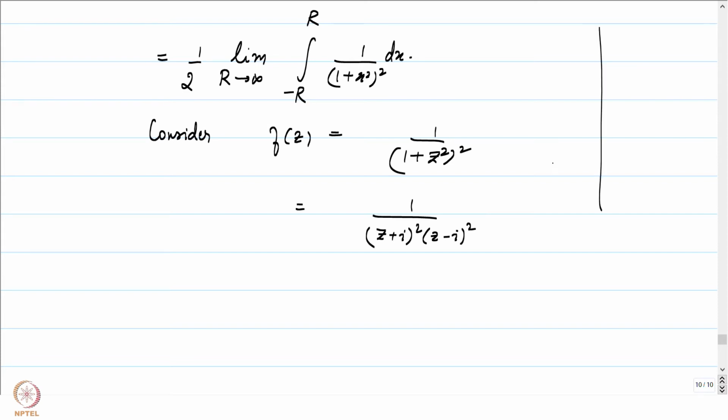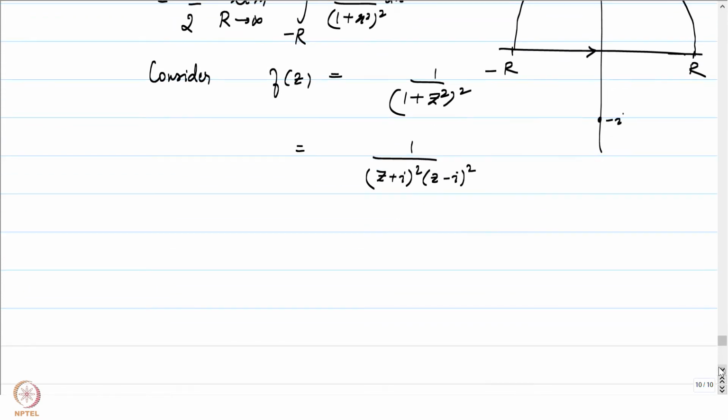And if you now draw the picture, the poles of this particular function are at i and at minus i. Let us consider the following curve that I am going to draw from minus R to R along this straight line in this direction, and then go along the semicircle.